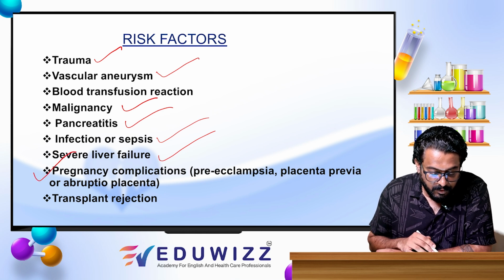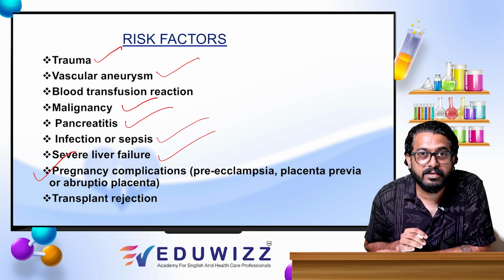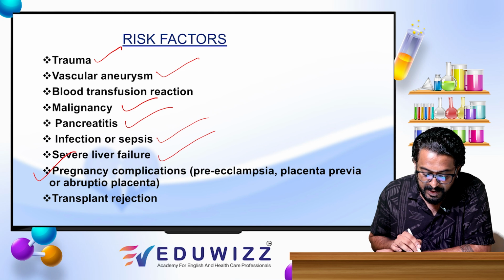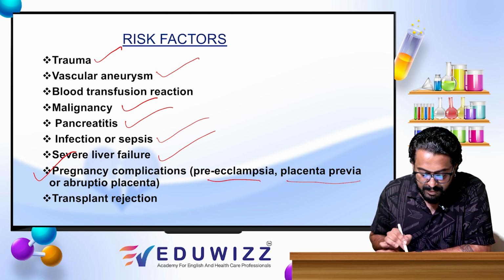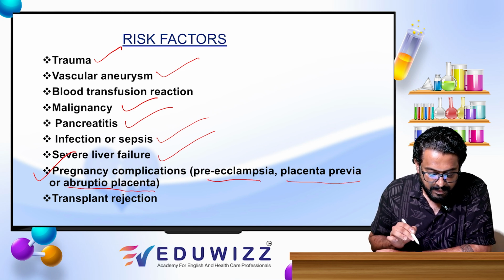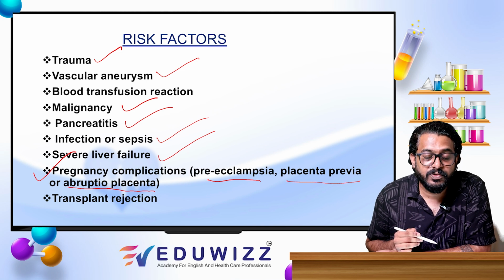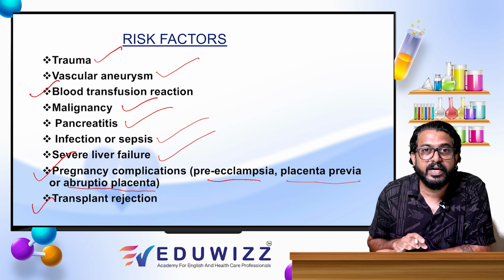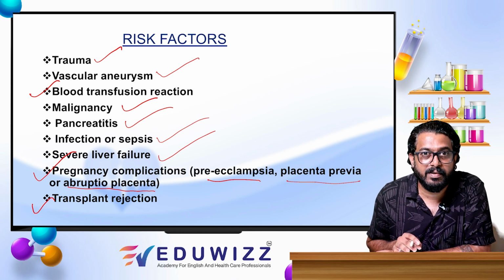This is a mostly asked scenario regarding disseminated intravascular coagulation. Pregnancy complications such as preeclampsia, placenta previa, and abruptio placenta. And other risk factors are blood transfusion reaction and transplant rejection. So these are the risk factors of disseminated intravascular coagulation.